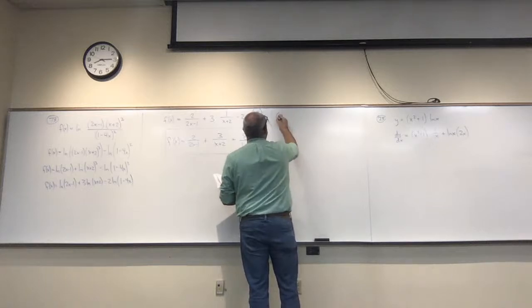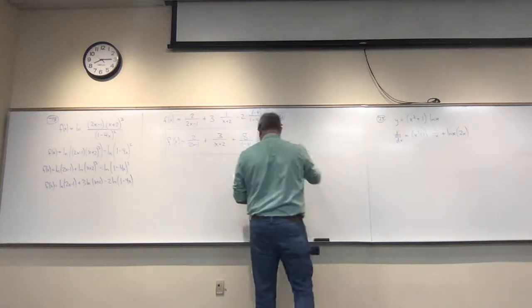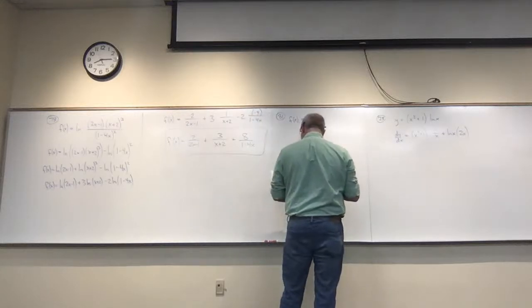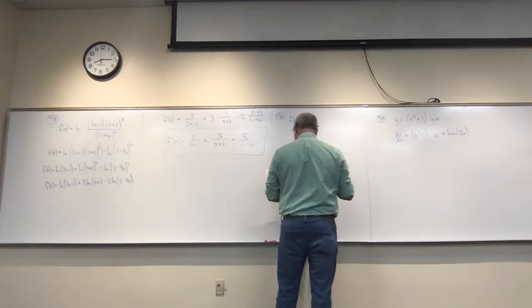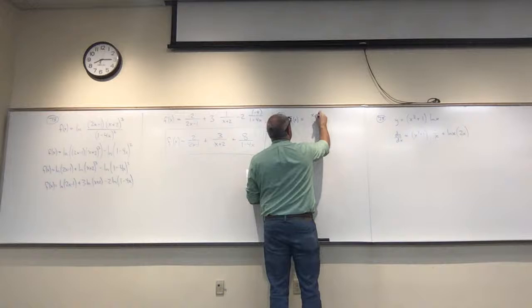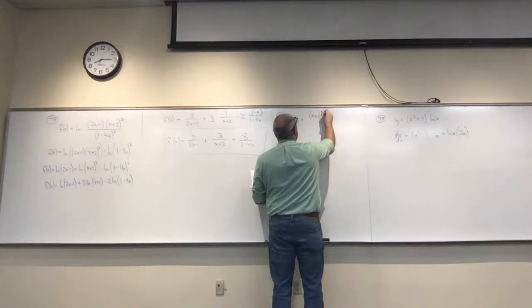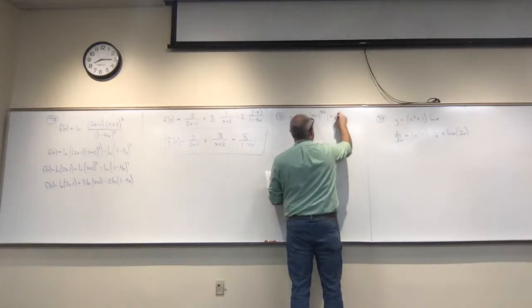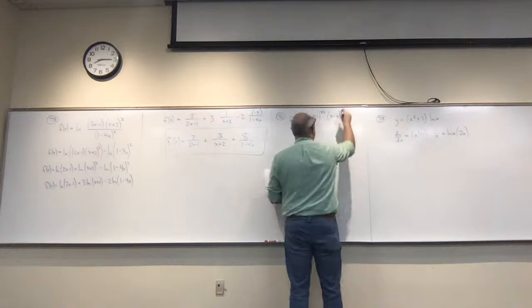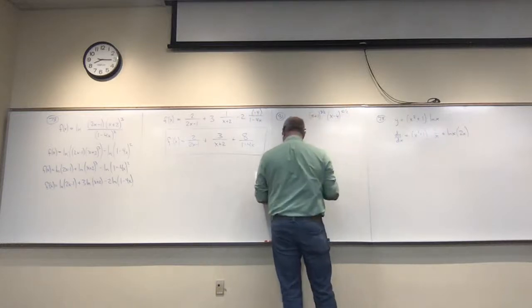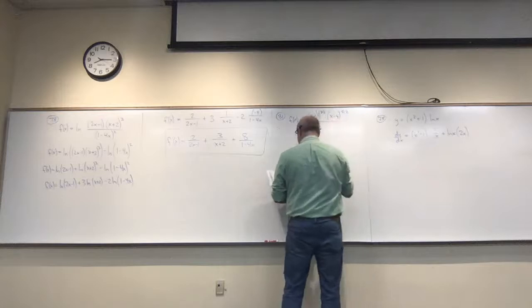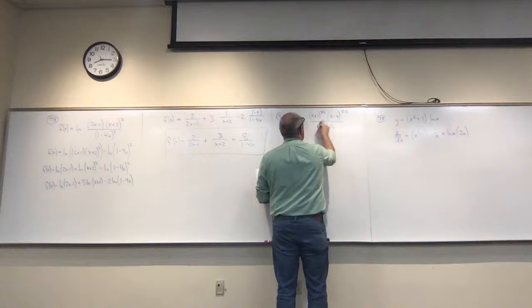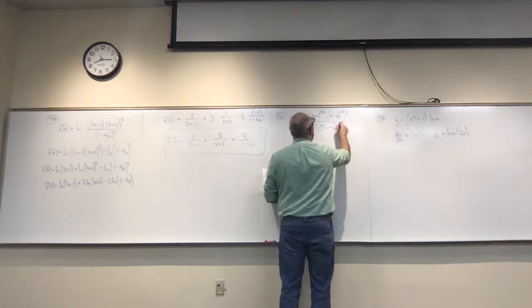So 81, we have f of x is equal to (x plus 1) to the 3/2 times (x minus 4) to the 5/2, and then divided by (5x plus 3) to the 2/3.